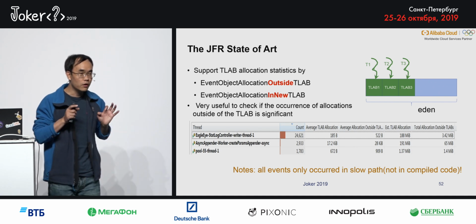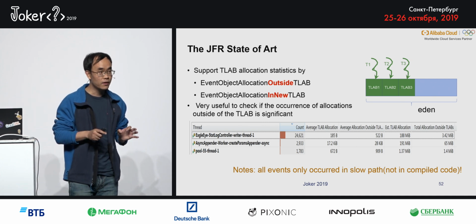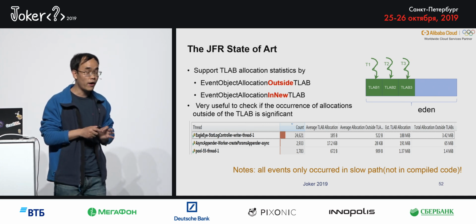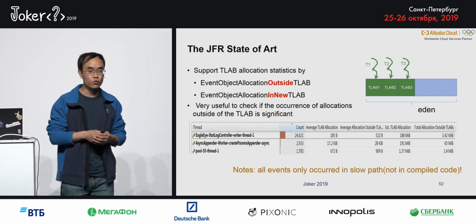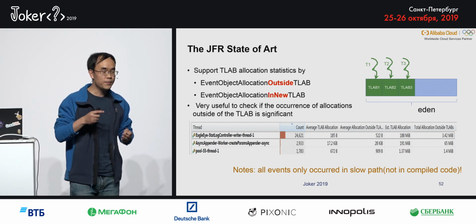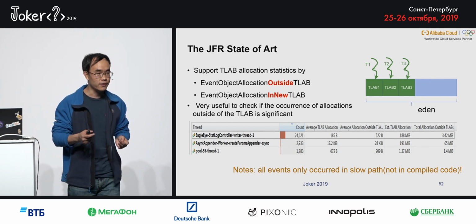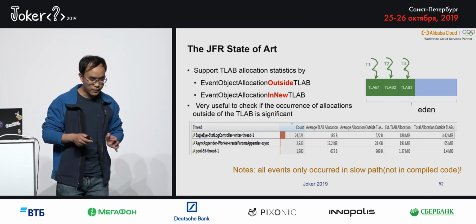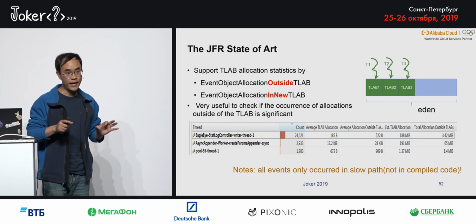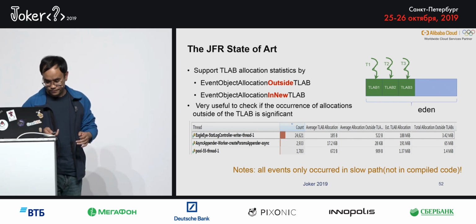For example, if significant allocation happens outside TLAB, you have two choices to optimize your application. The first is to optimize your object and reduce the size of the object being allocated. Or you can increase the TLAB size, because at this moment you just get a performance penalty on TLAB allocation.